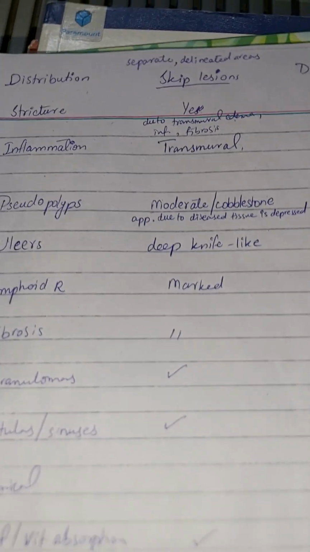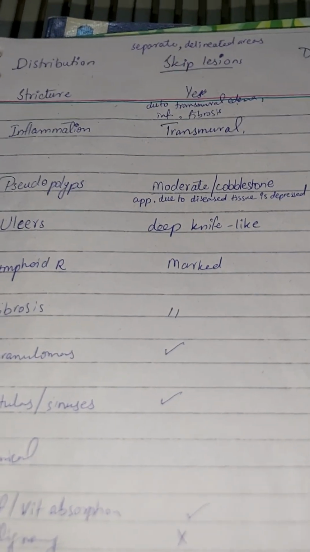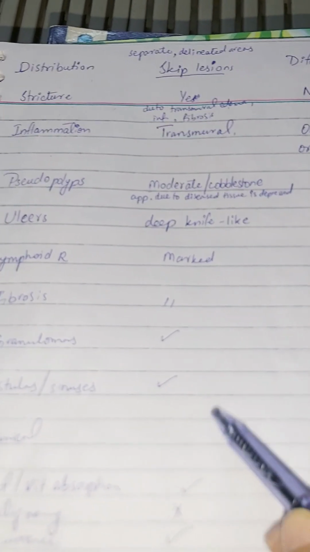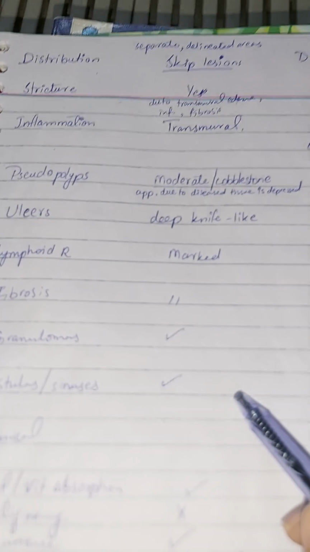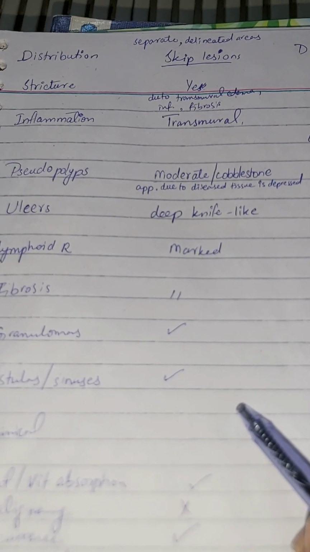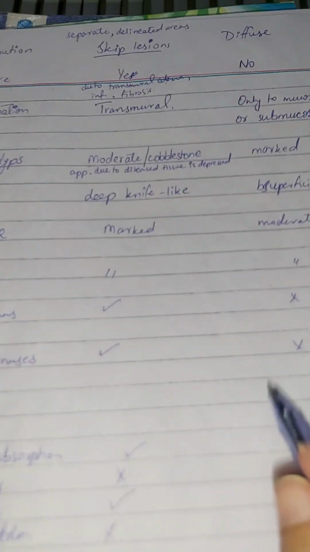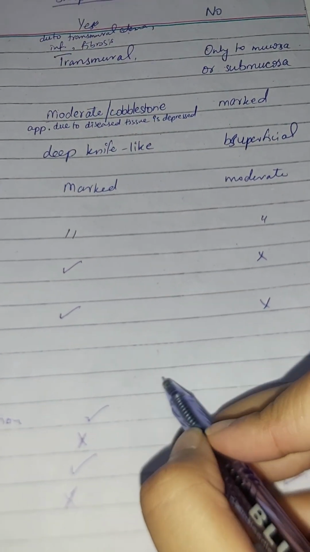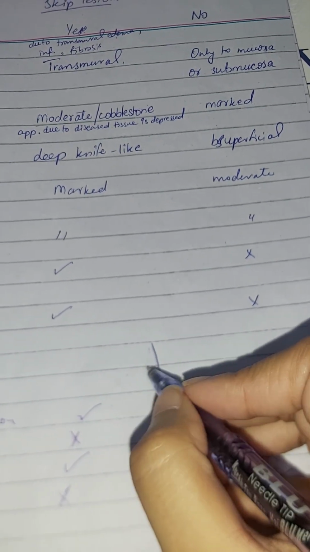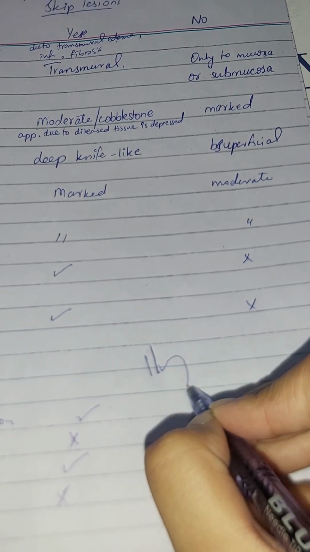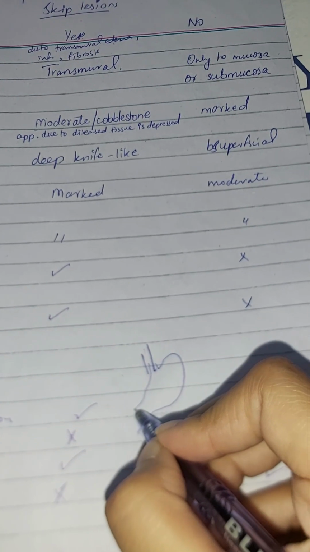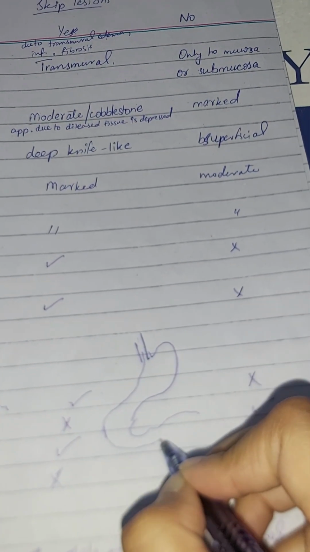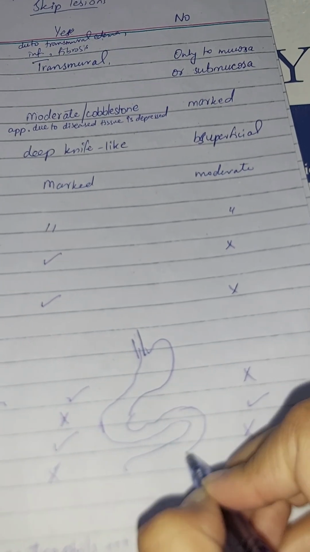Now in distribution there are skip lesions, which means that all the inflammation or the degenerated tissue is present at a specific point. Like if I show you the picture, we have this stomach and all the lining between this, like I have drawn it.